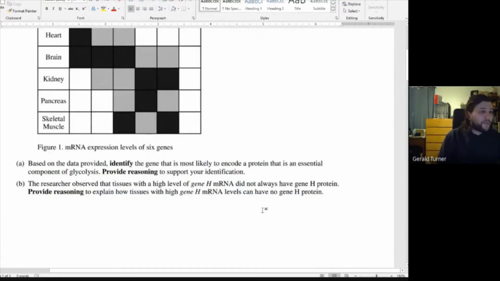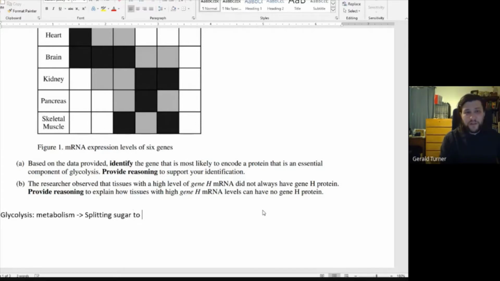So for that first task, we need to remember that glycolysis is going to be a part of metabolism. In particular, that part of metabolism is the splitting of sugar to make ATP and to provide pyruvate for the Krebs cycle.